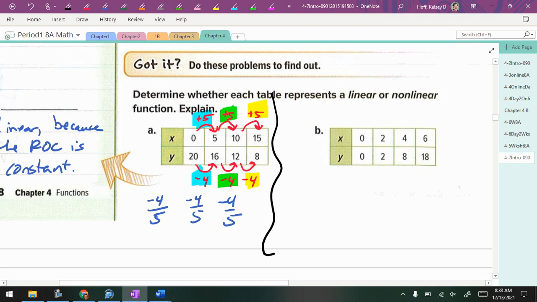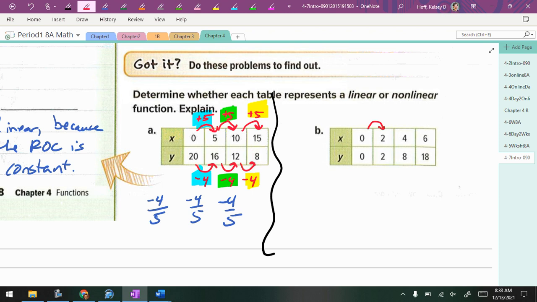Okay, should we look at B? Let's do the same thing here. B, how do I go from 0 to 2? Plus 2. How do I go from 2 to 4? Plus 2. Miss Hoff's pen quit working. How do I go from 4 to 6? Plus 2. So across the top, they're all plus 2, right? Okay. Now on the bottom, how do I go from 0 to 2? Still plus 2.